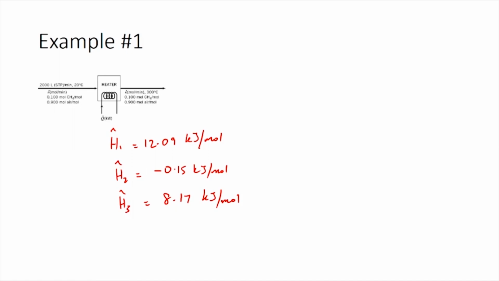So, the delta H dot value, which is equal to sigma of outlet Ni dot Hi cap minus sigma of inlet Ni dot Hi cap, has to be calculated.